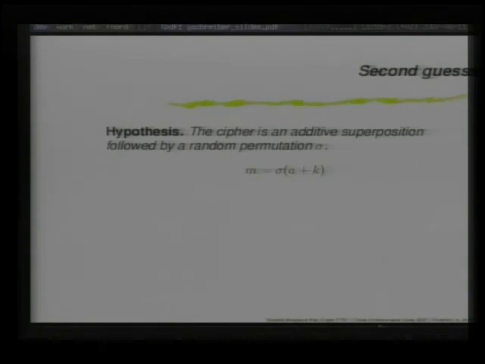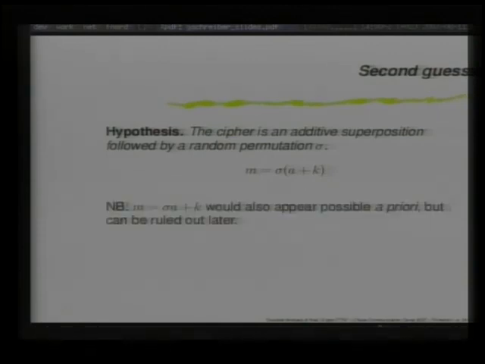This is the hypothesis that Bauer made: that you get the ciphertext message by first superenciphering with a pseudo-random key stream, and then applying a certain random permutation sigma. Okay, let's check our hypotheses.